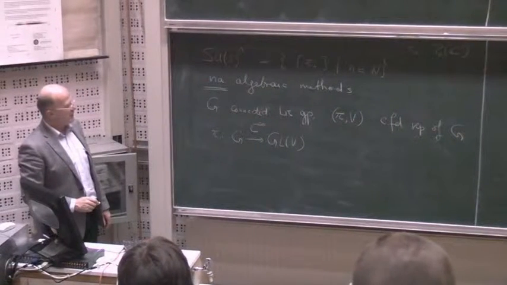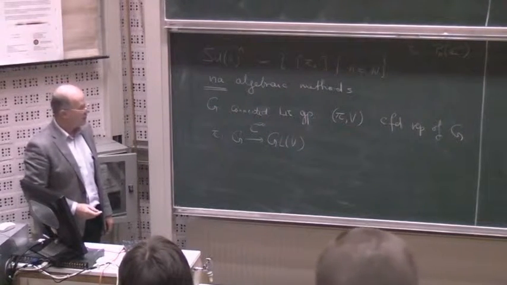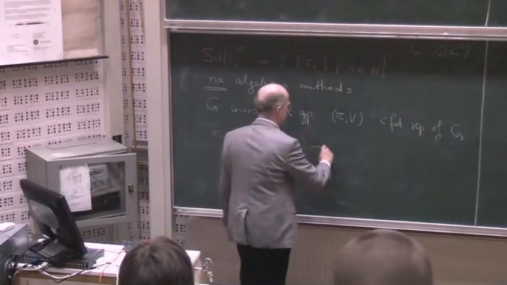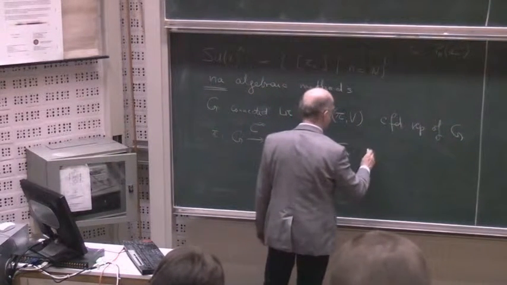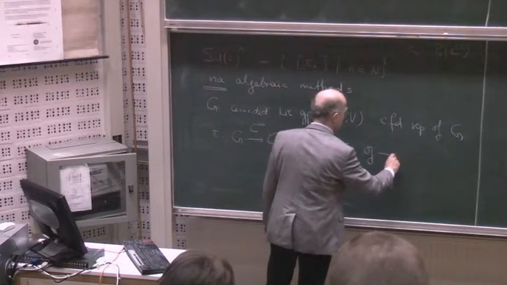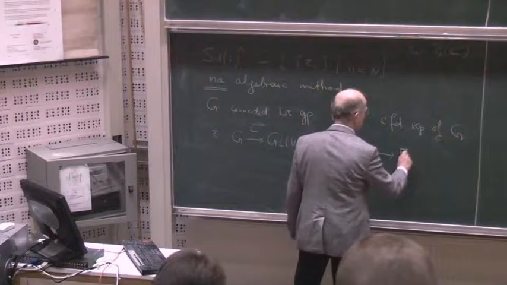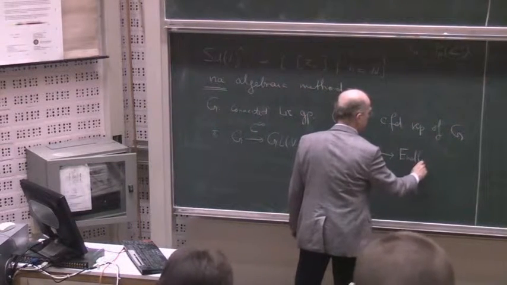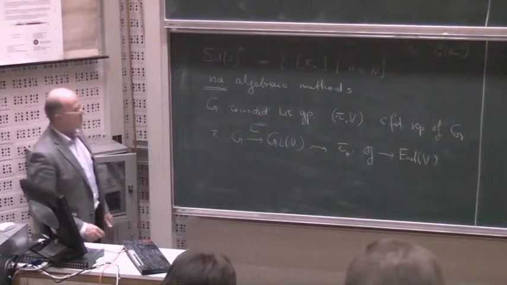And so that means that we can take its differential at the identity element, and we get a representation of the Lie algebra, pi star, which is a representation of the Lie algebra in the Lie algebra of this group, which is the algebra of endomorphisms of V, equipped with the commutator brackets.